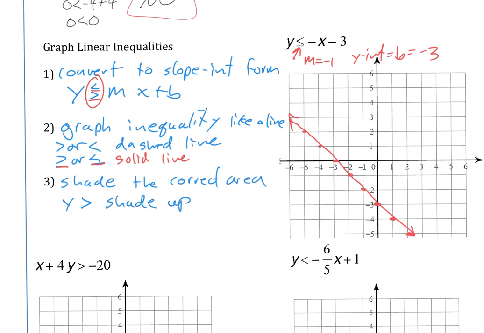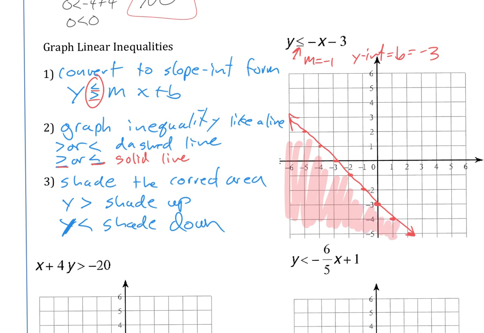And the easy way you could think of that is, well, y is bigger, so this is where y is bigger than this line. If you have y is less than, you're going to shade down. So in this inequality, we have y is less than, so that tells me that I need to shade down.